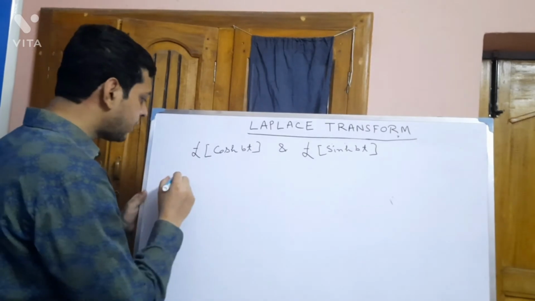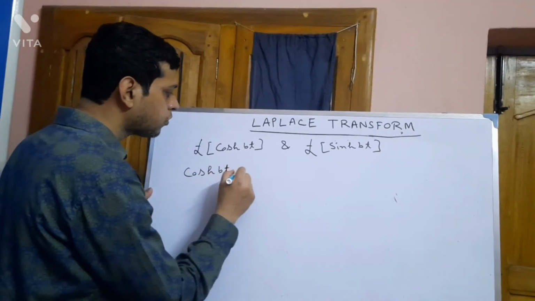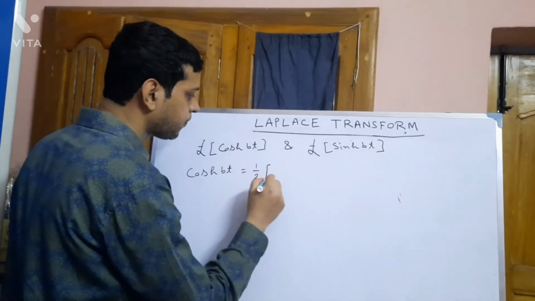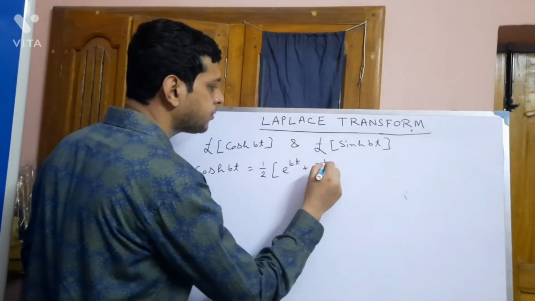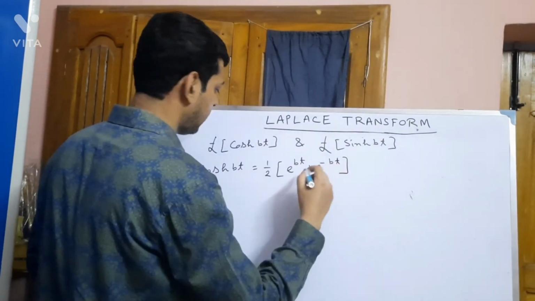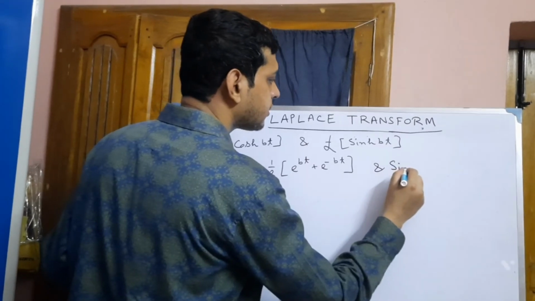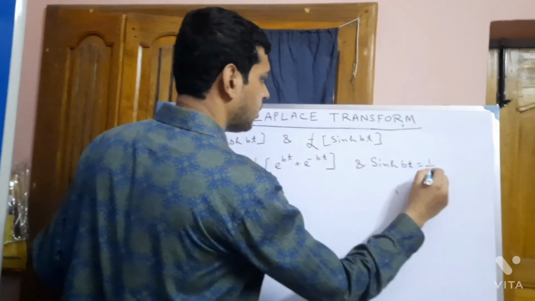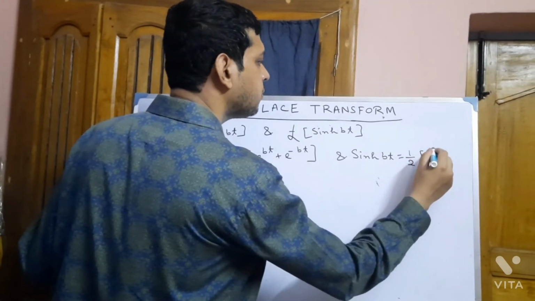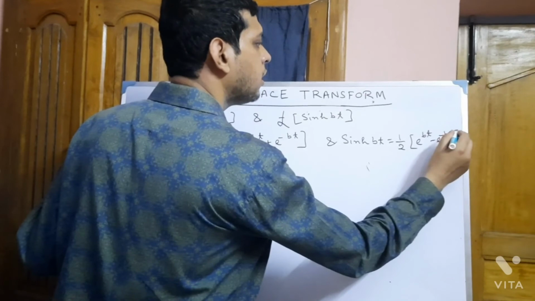We know that cos hyperbolic bt is equal to half into e to the power bt plus e to the power minus bt, and sin hyperbolic bt is equal to half of e to the power bt minus e to the power minus bt.